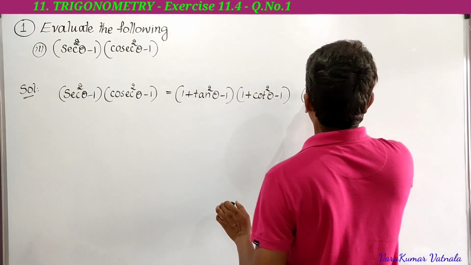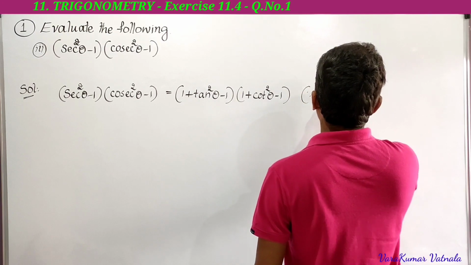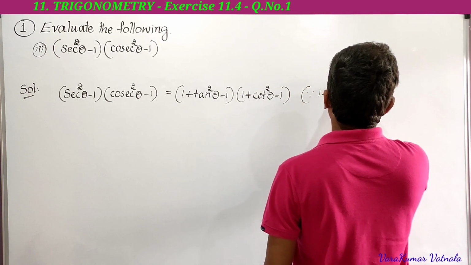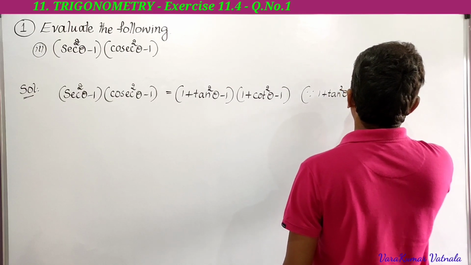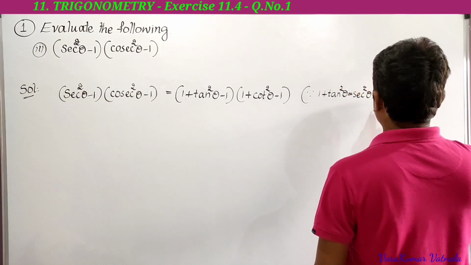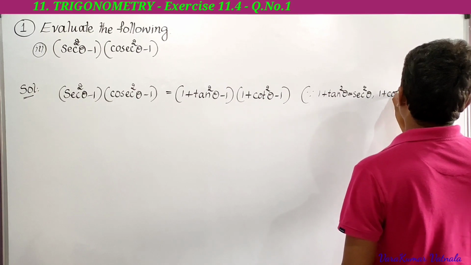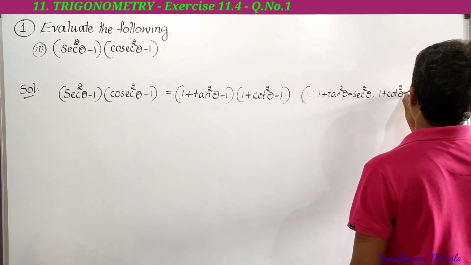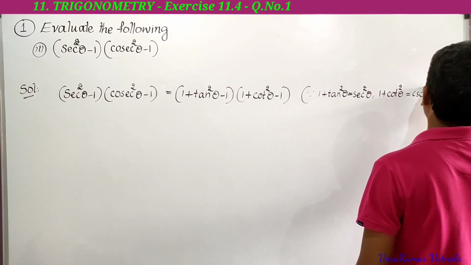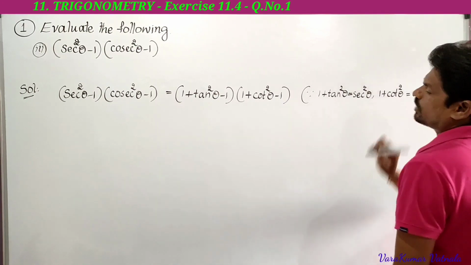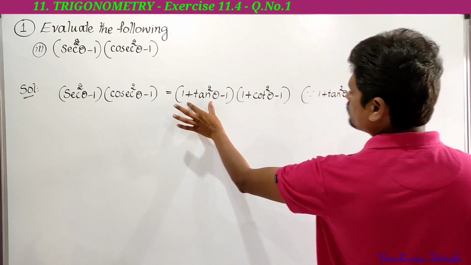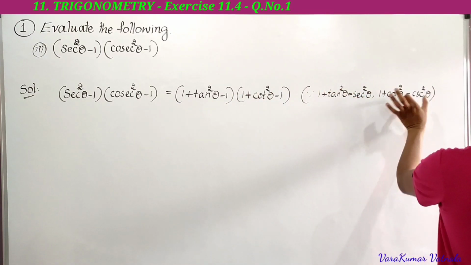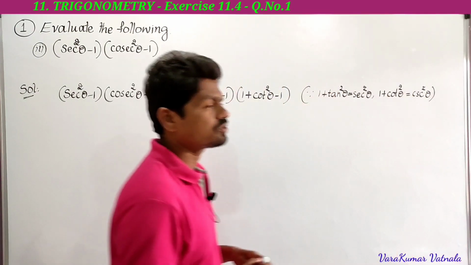So here we have applied 1 plus tan square theta equal to secant square theta, and 1 plus cot square theta equal to cosecant square theta. So using these two we have written. Instead of secant square theta I have written 1 plus tan square theta. Instead of cosecant square theta I have written 1 plus cot square theta.